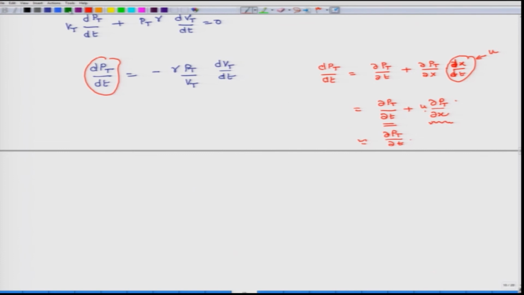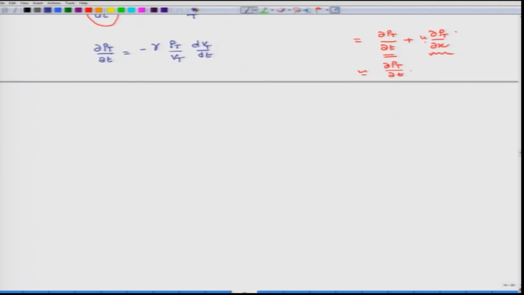So, I plug this back in and I get partial of pressure with respect to time equals minus gamma P(t) over V(t) dV(t)/dt. The other thing we have to remember is P(t) changes with x and t, and this equals P naught plus P of x and t. So, del P(t)/del t is equal to del P/del t.